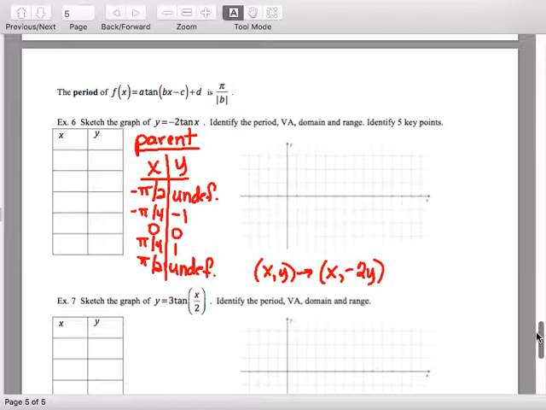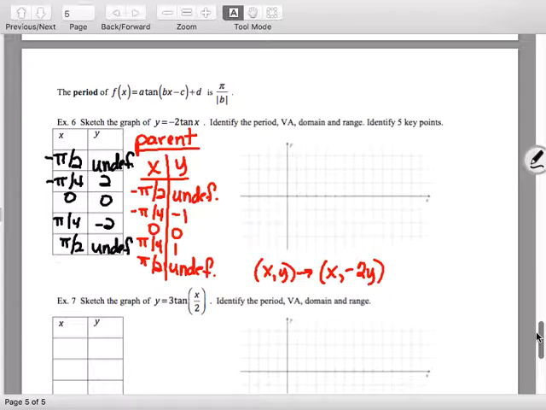You can't take negative 2 times undefined. Alright, so here's my table.